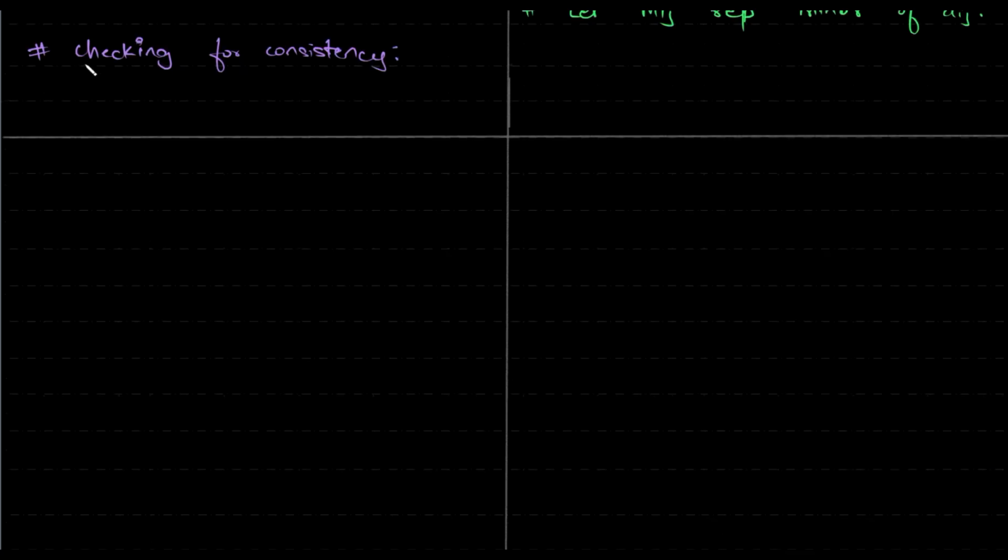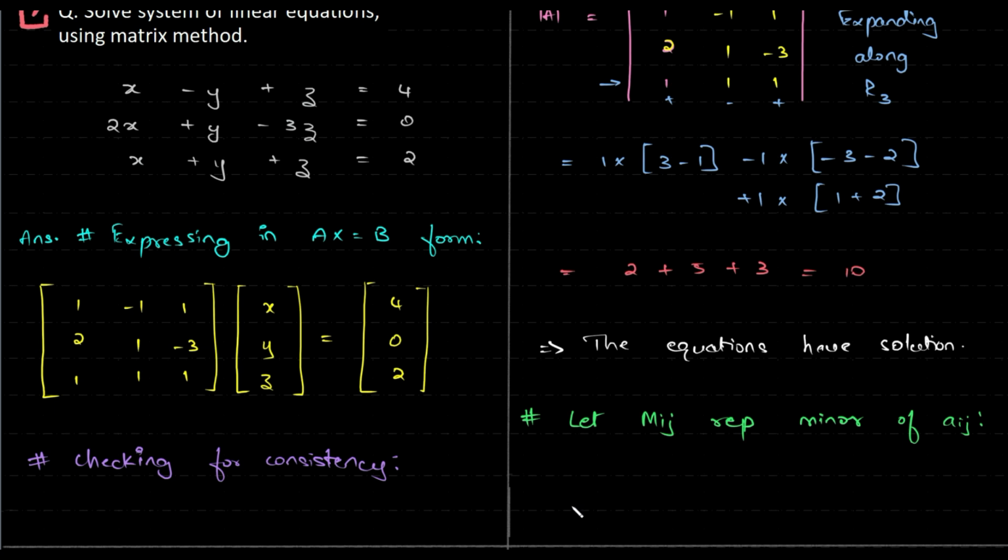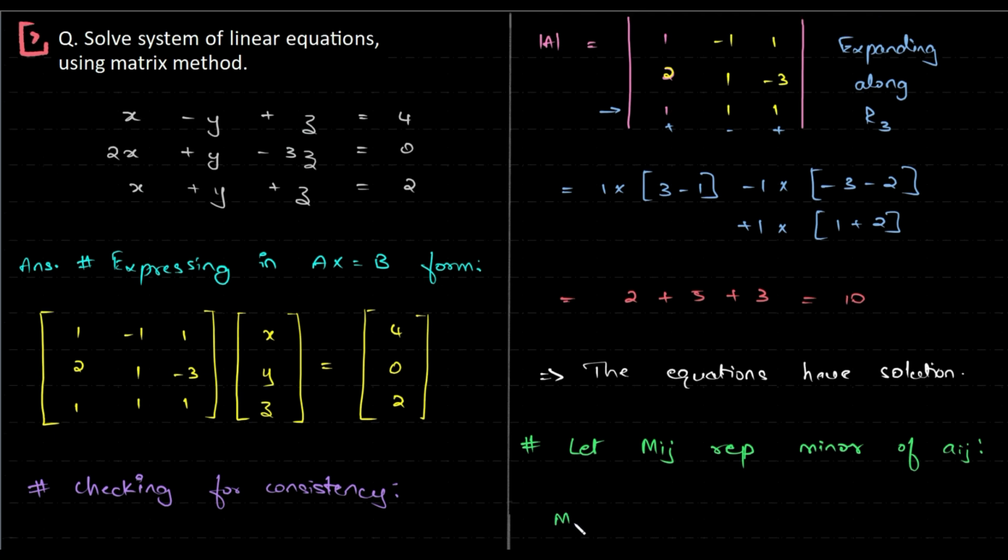Okay, let's do this. First I can do M11 here itself. So that would be 1 and 3, so this is 4. Then we have M12, that would be 2 and 3, that is 5.